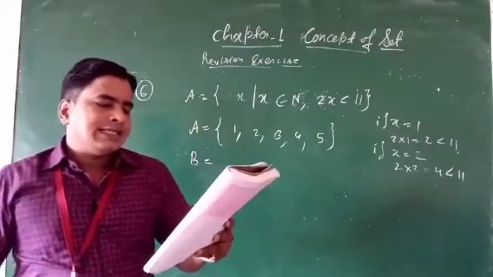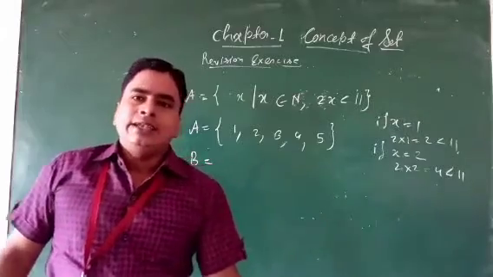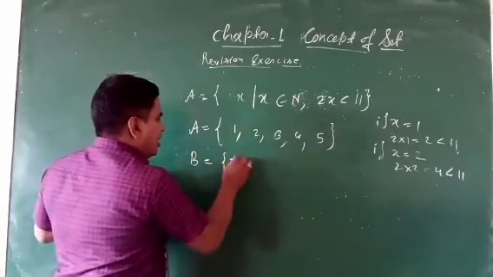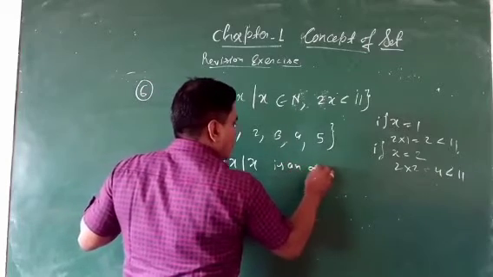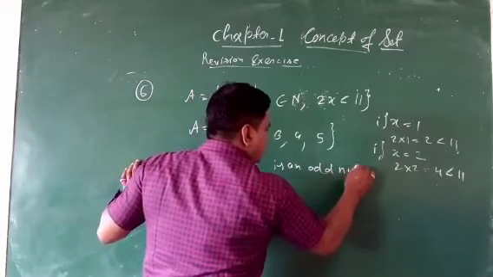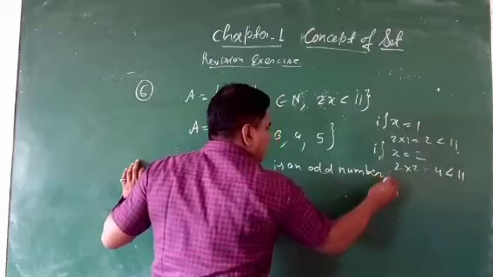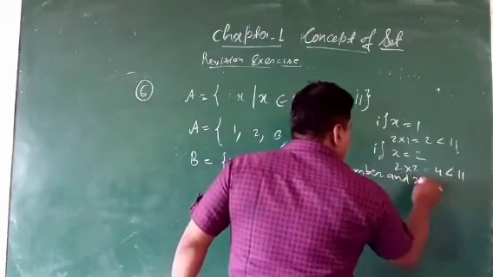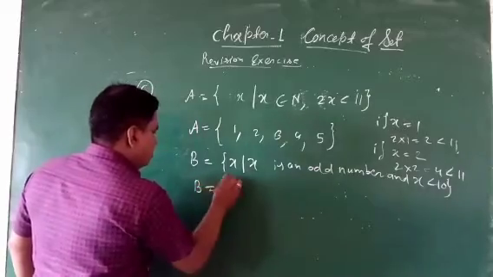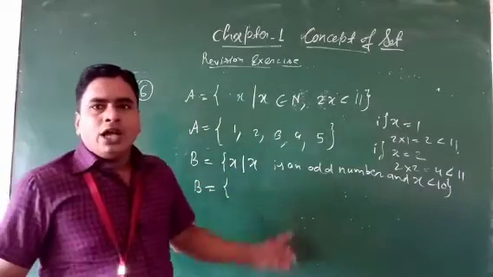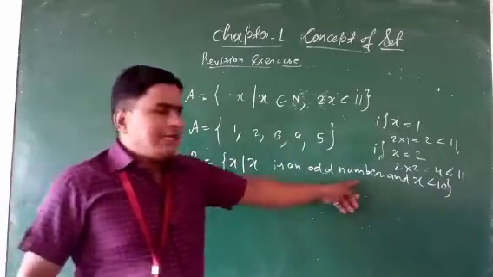B equals x such that x is an odd number and x less than 10. So here you will write the odd numbers less than 10.